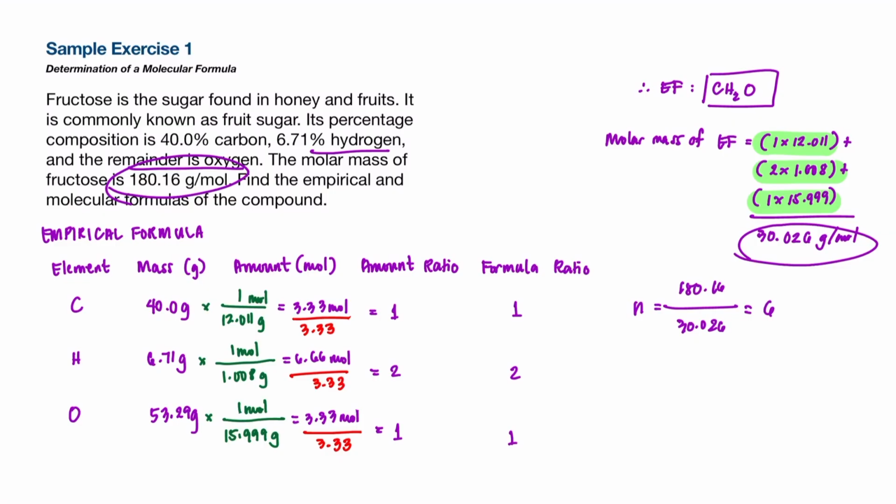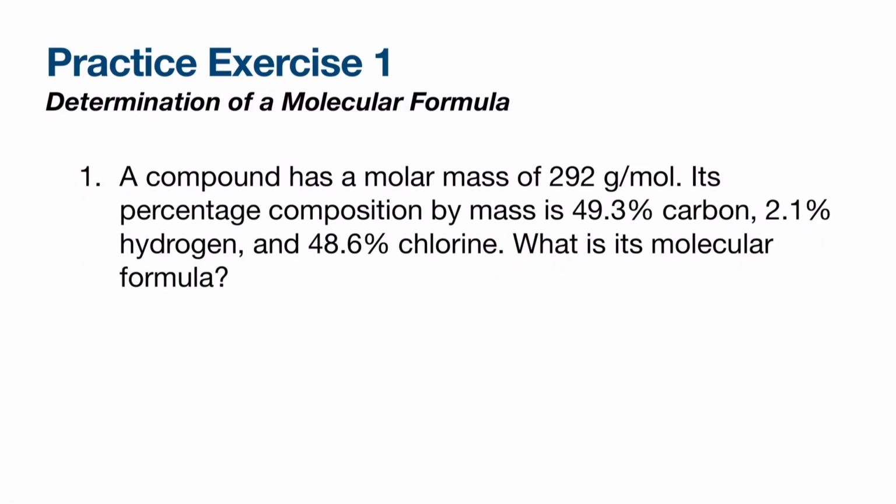Since our n is equal to 6, therefore, we can write our molecular formula just like this, (CH2O)6. And we can simplify it into C6H12O6. Therefore, the molecular formula of fructose is C6H12O6. Now, please pause this video to answer our practice exercise number 1.